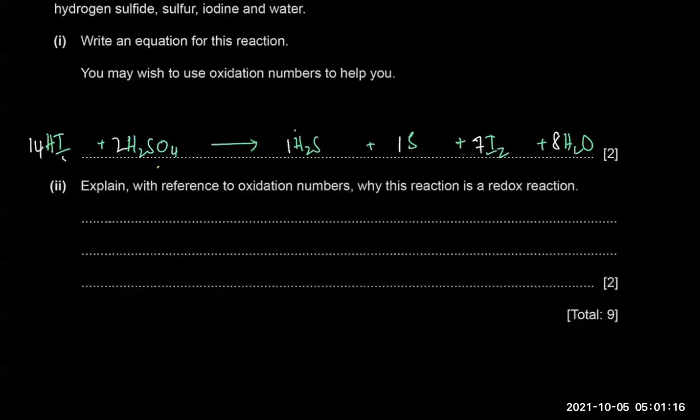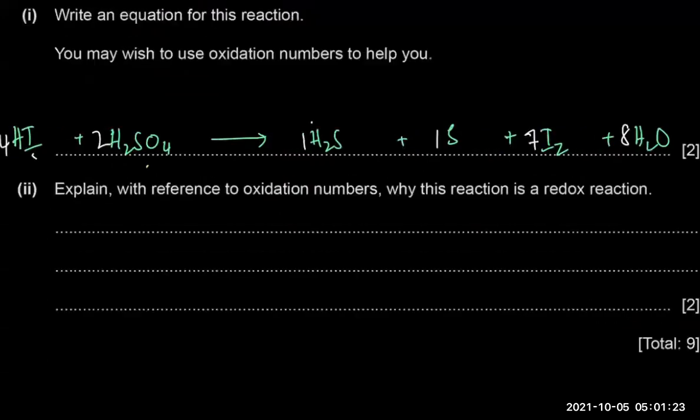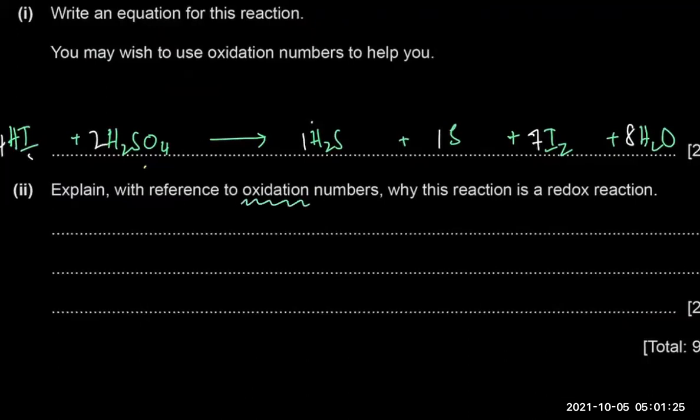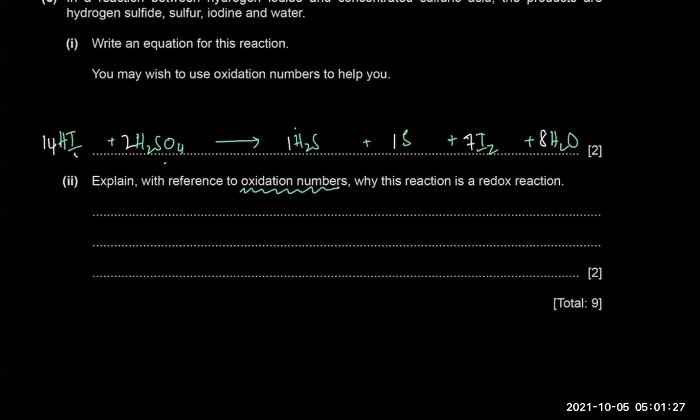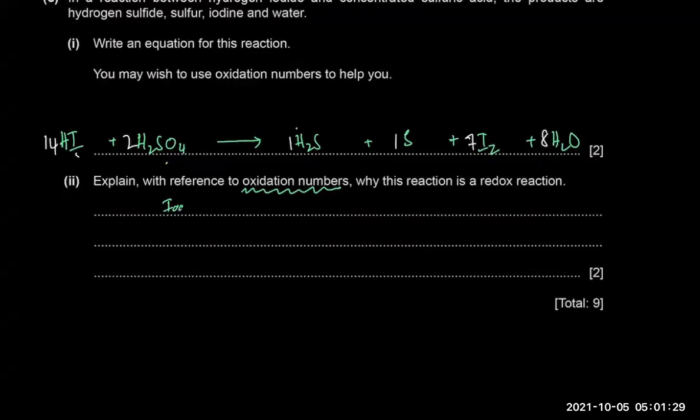Okay. Explain with reference to oxidation numbers why this reaction is a redox reaction. So this reaction is a redox reaction because, with reference to oxidation numbers, you mentioned the oxidation numbers, right? Iodine is oxidized from -1 to 0, and sulfur is reduced.